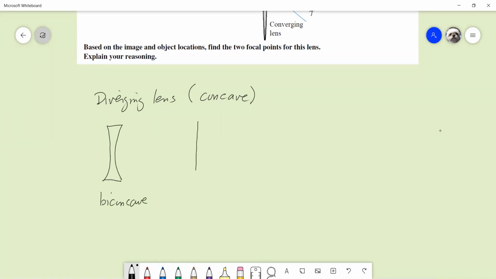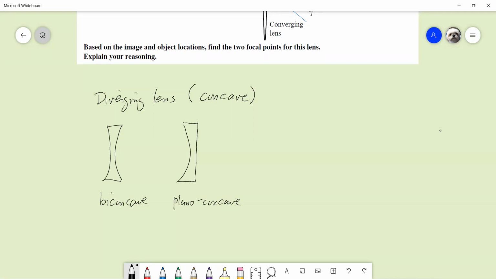And then I will have something like this, and this one is called plano concave. What's called plano concave? One side is flat, one side is curved, right? Remember the property of the divergent lens or concave lens is that the edge is thicker than the center, right?